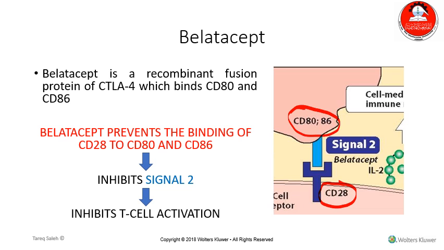So the drug belatacept, which is a co-stimulation inhibitor, is a recombinant fusion protein that binds CD80 and CD86. So it binds to the receptors located at the antigen presenting cells. When it binds those receptors, it blocks them and prevents them from binding to the CD28 receptor on T cells, meaning that belatacept interferes with step 2 or signal 2 of T cell activation.